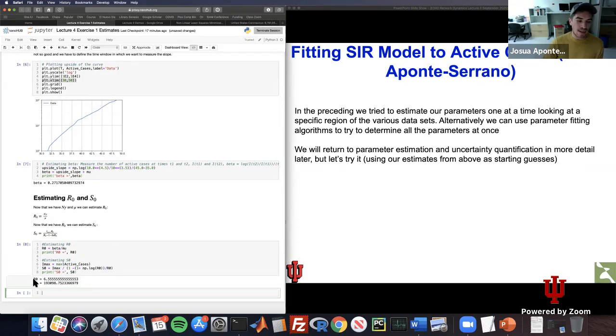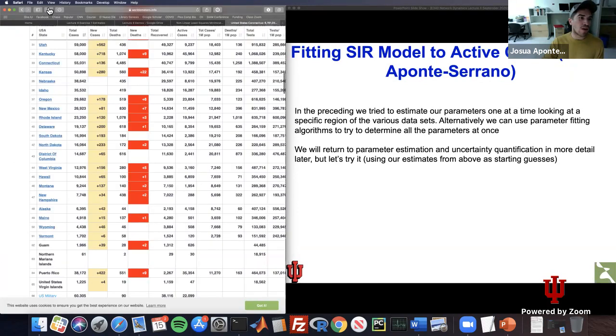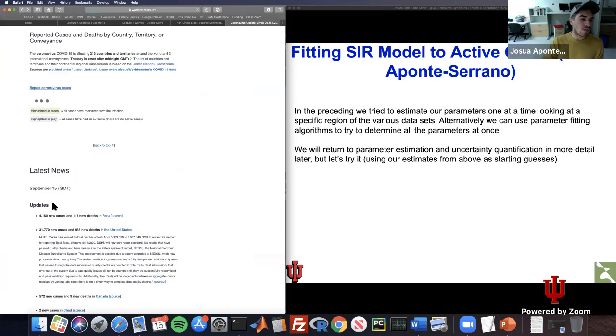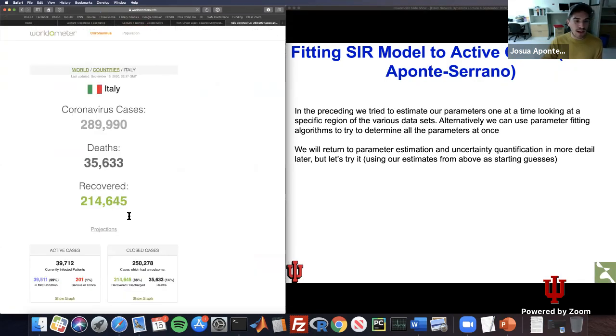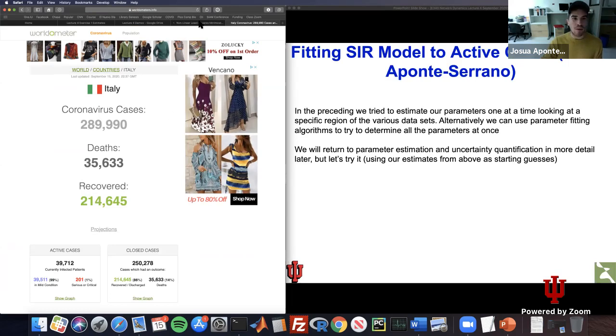So the estimated R naught, just from this rough approximation, is 6.5. And then as S naught is around 190,000, let's say 200,000 people, which is about the size of the infection in Italy. If we come here and we look at Italy, yeah, 300,000 people, more or less.